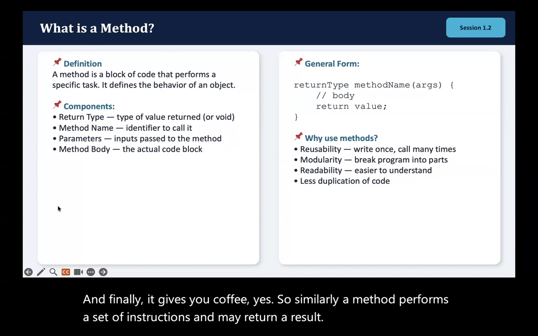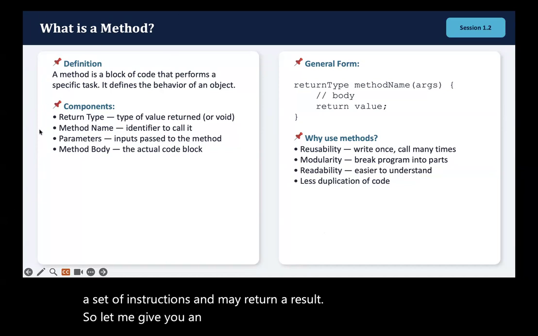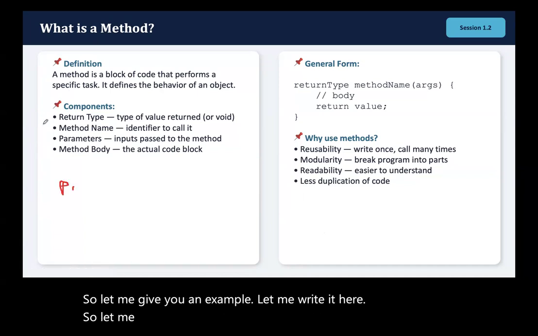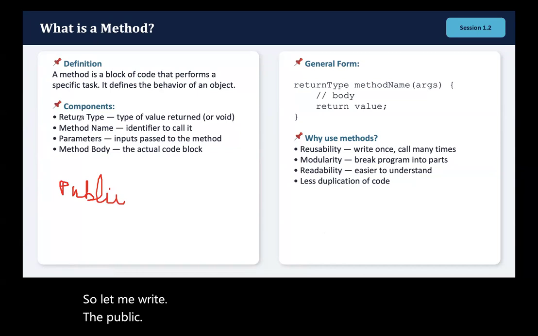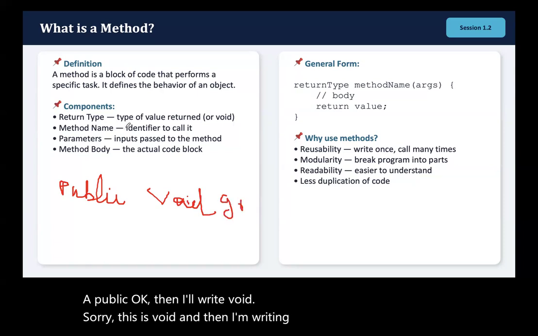Let me give you an example. Let me write it here. I'll write public, then void, and then the method name as greet.